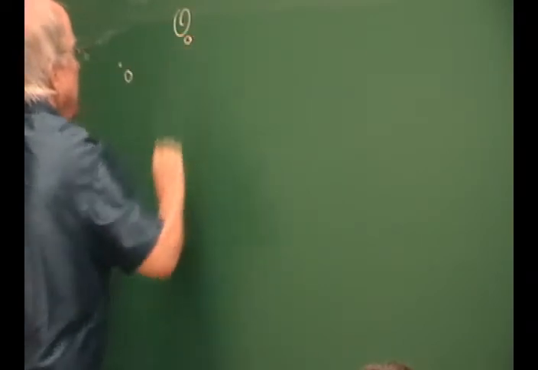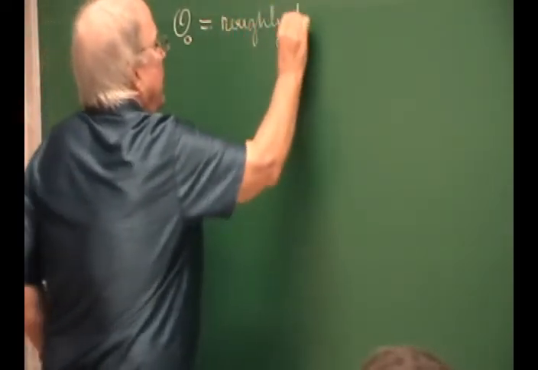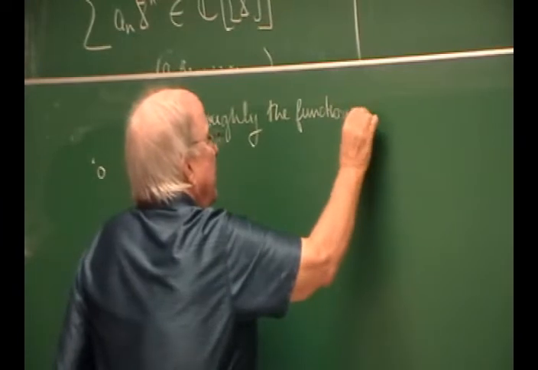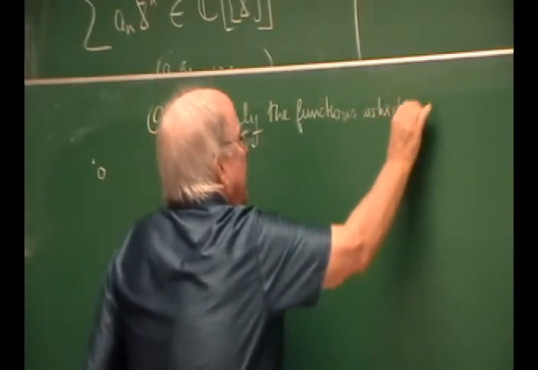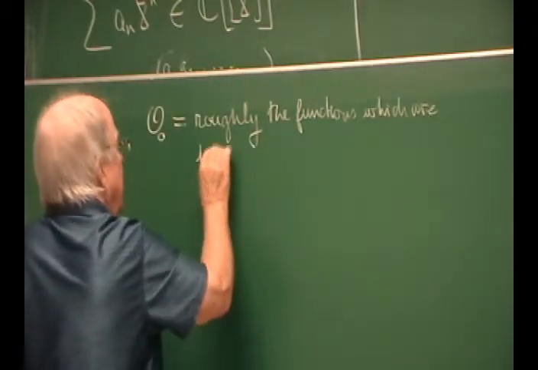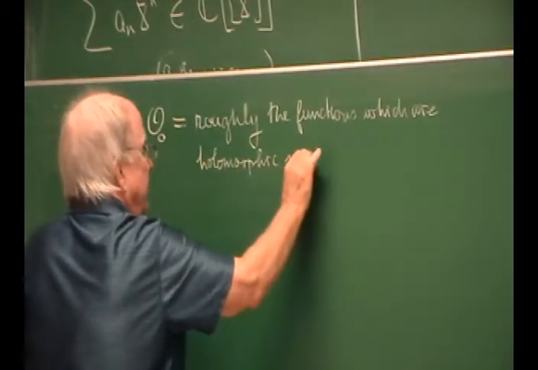Now we have something else. We have the point 0, and we let O sub 0 equal, roughly speaking, the functions which are holomorphic near 0.